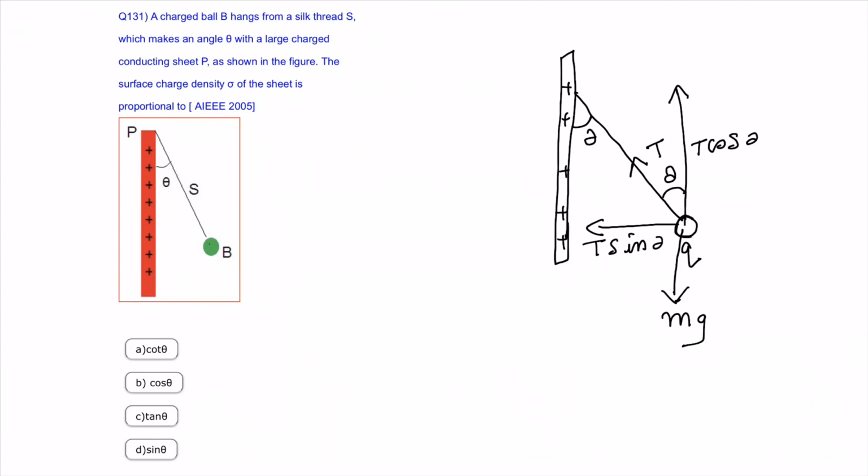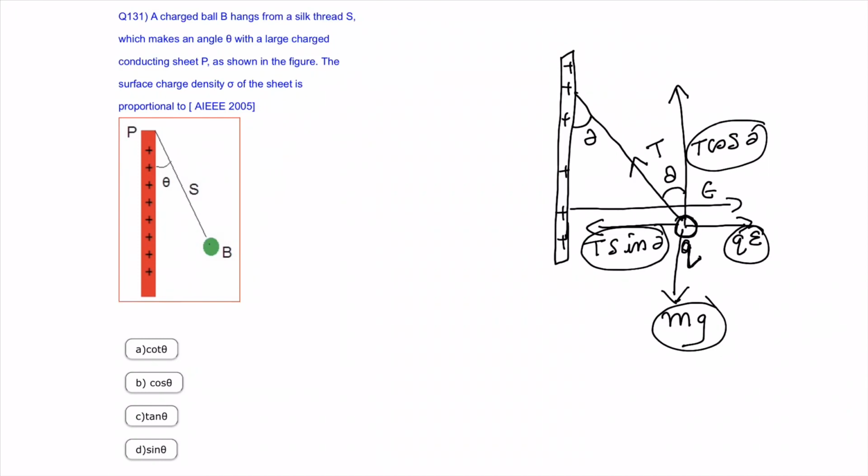Now this charged ball of charge Q is placed in the electric field of this plate, right? So definitely it experiences a force, and that force will be QE, right? QE. So QE and T sin theta are acting opposite. They will be equal because the charged ball is stationary. T cos theta and mg will be equal for the same reason, the ball is stationary. So all opposite forces must be equal. So we can write that T sin theta is equal to QE.